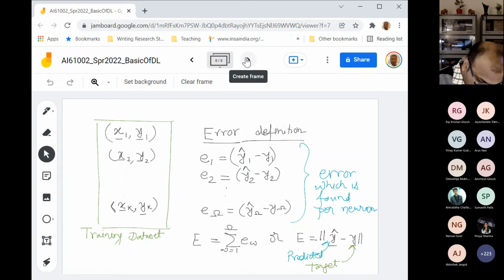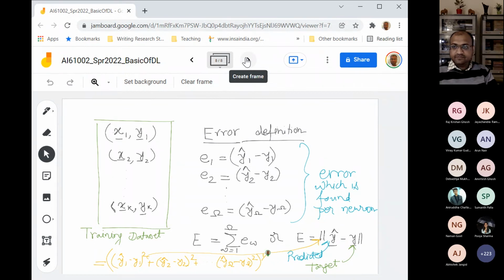So this whole thing can be written as y1 minus y1 whole square plus y2 minus y2 whole square plus like this up to y of omega minus y of omega whole square, and this taken half. So this is what it would be.